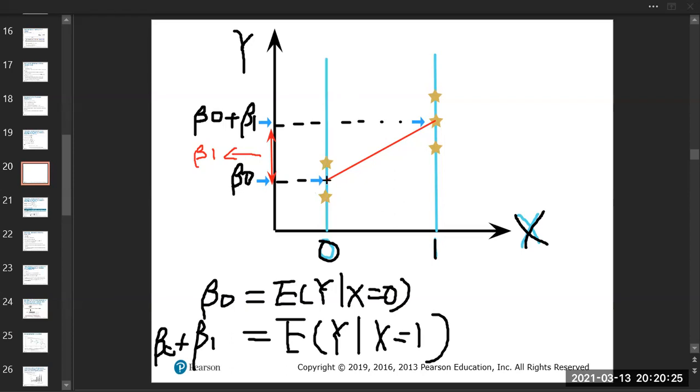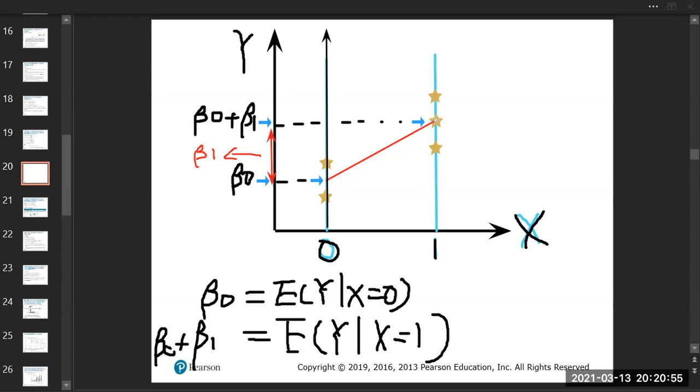So here is our intercept, right? The intercept is beta 0. It means that it's the average value of all the schools' test scores when x is 0. They are grouped by 0, so they are large schools. While the slope is the gap between the small school's average score and the large school's average score.